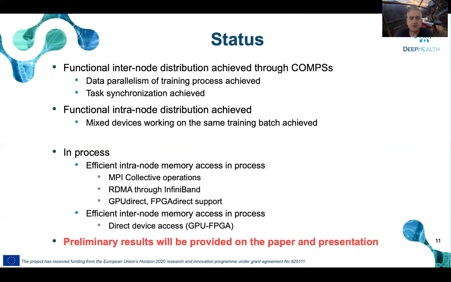Efficient intranode memory access is in progress because we are working towards having direct device access from other devices. So to conclude, preliminary results will be provided in the paper and in the presentation, and we hope to see all of you next year in SAMOS.